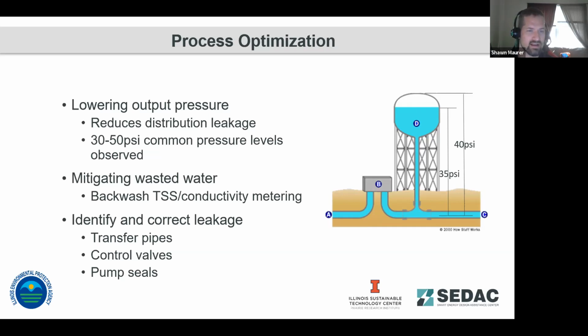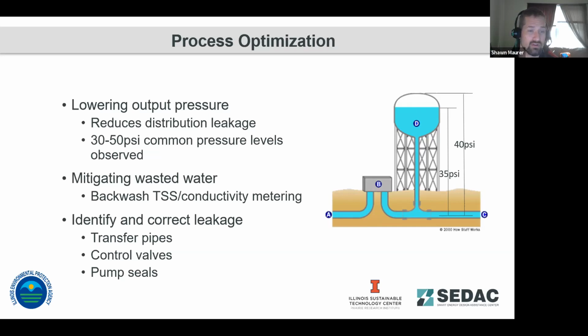Using a suspended solids or conductivity meter can shorten that backwash period and save a couple thousand gallons a day in backwash water flow. So it's one of the things that we've seen a lot in recommendations for water facilities, and we've actually seen going out to the facilities that actual waste of water through manual control of backwash systems. And so that's one of the common measures that we've had for a lot of the plants that we've looked at so far.